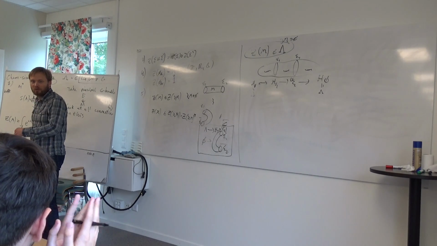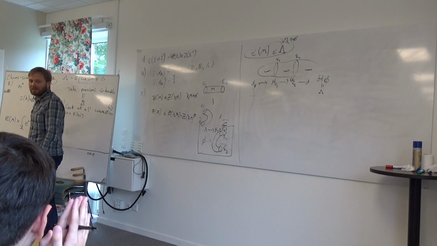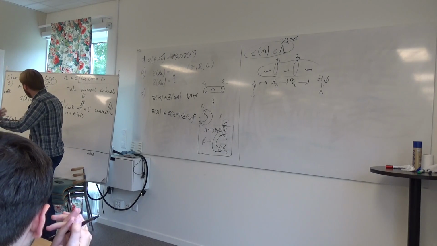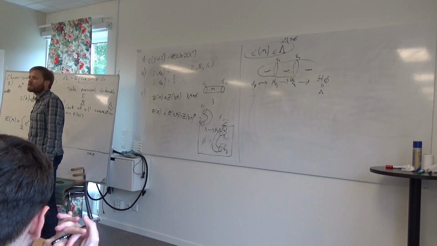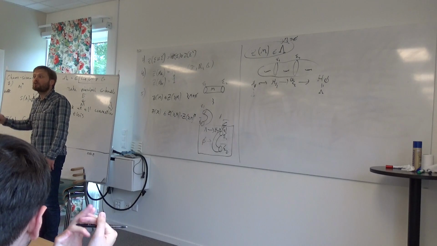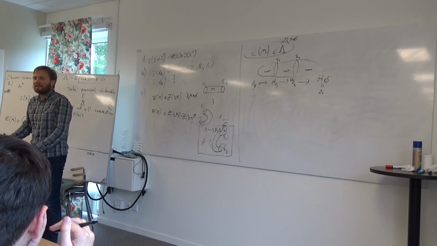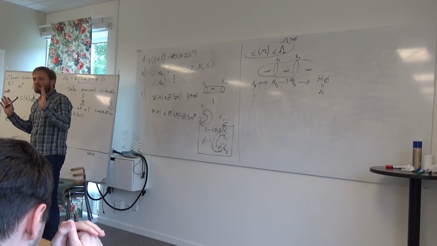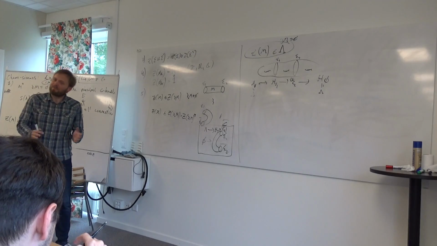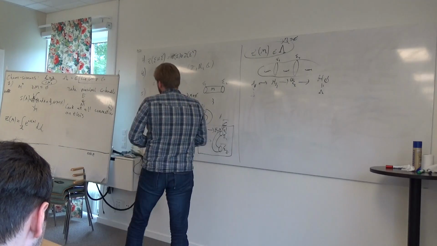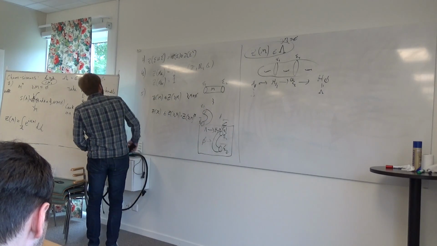There's an anomaly coming from the trivial representation, and if you just compensate for that using a framing, then you're happy. But, I mean, that didn't make me very happy.